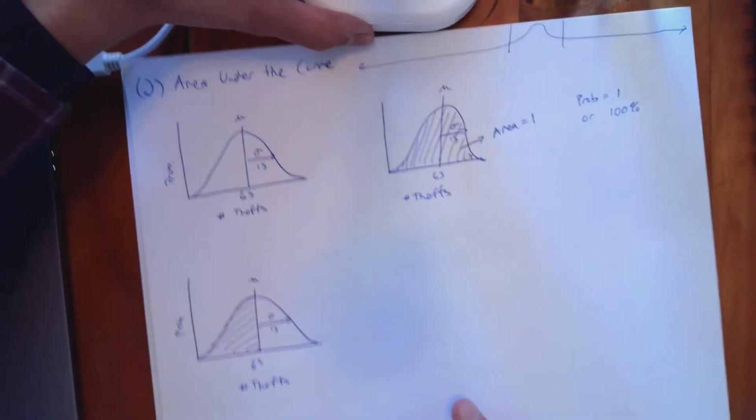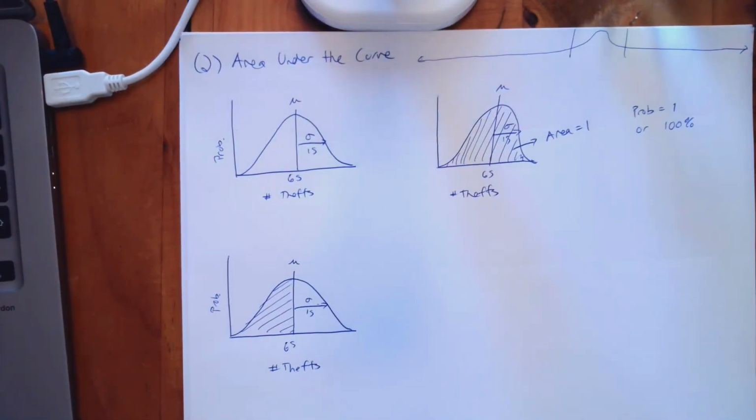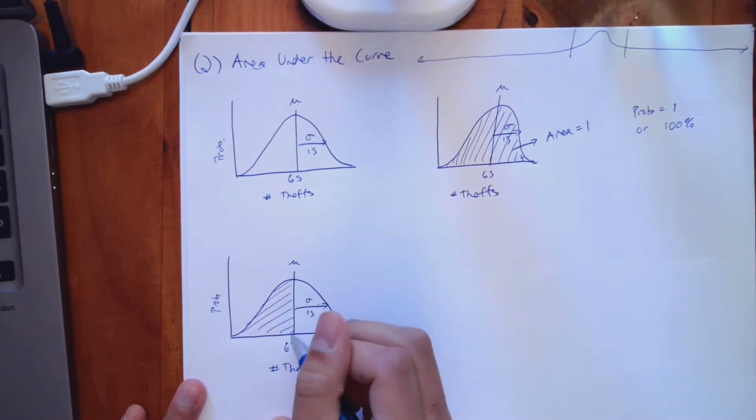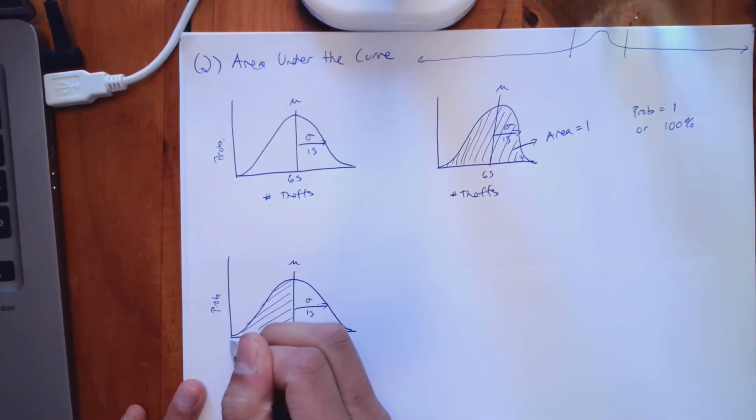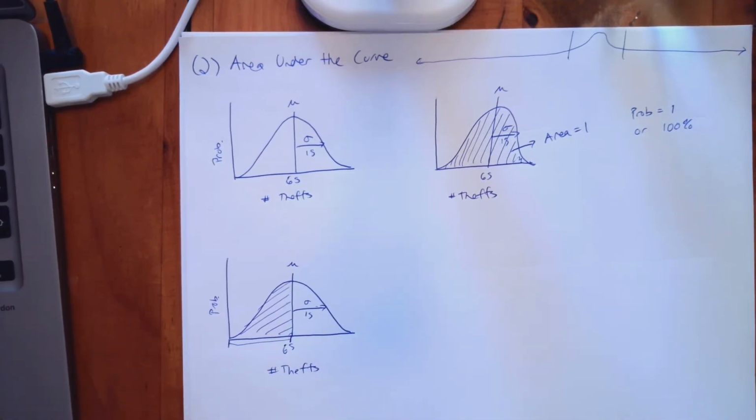If I want to find out the probability that fewer than 65 items are going to be stolen, I want to think about the area under the curve that applies to values that are lower than 65. So from 65 to 0, which is the lowest number you can have, unless I guess somebody's bringing items to the store, which they're probably not. So here we're thinking about the area under the curve that is less than 65.